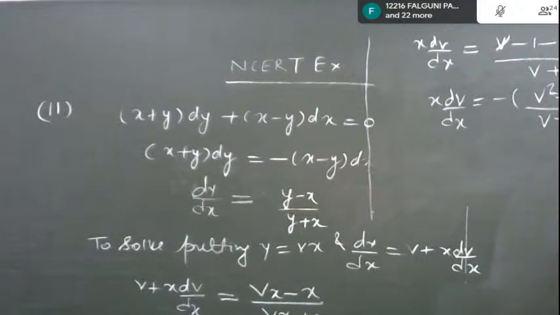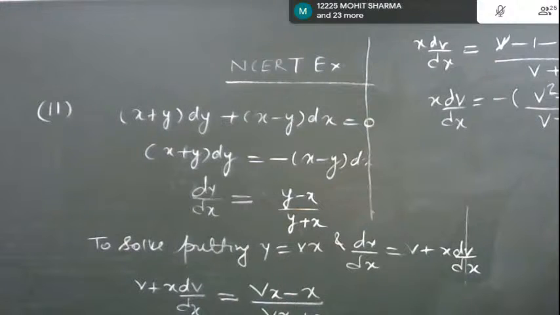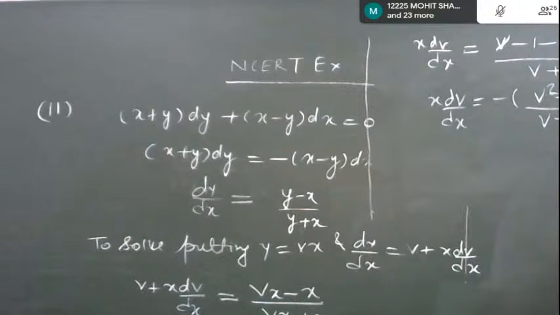If I separate the variables, somebody from A section, Lakshita, can you tell what I should write? From A section, Lakshita Manocha, will you tell me what I should write? If I separate the variables, what should I write?